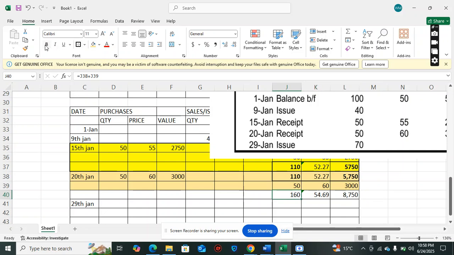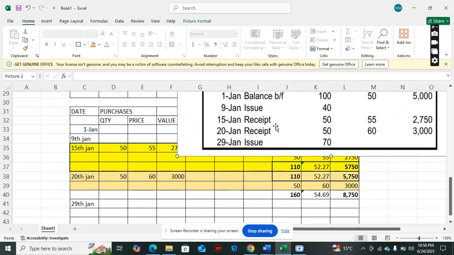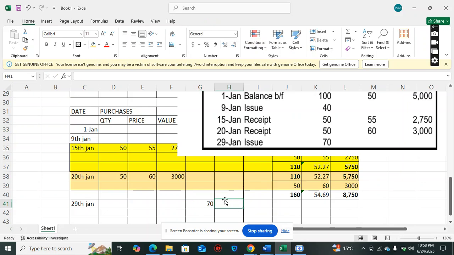Any questions before we now look at the issue? Okay, so with Avco, issues are now even easier. Issued 70 units, so 29th January, 70 units valued at 54.69. 3,828.3.